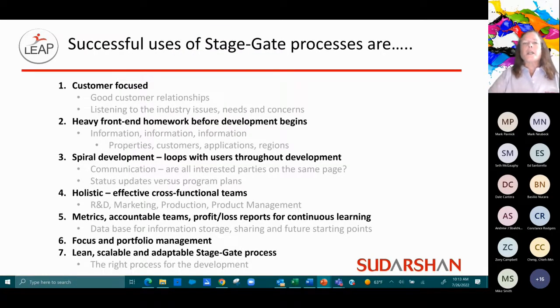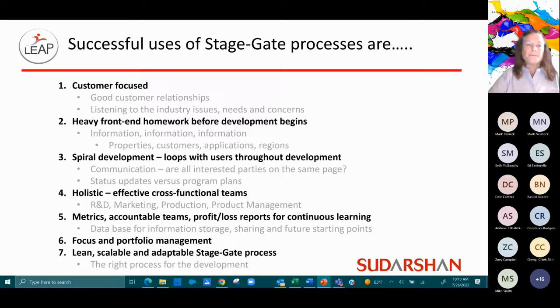Successful uses of stage gate are when they are completely customer focused. This is where the customer relationships that we've been building are very key. So as I mentioned, we listen to all of the information and feedback coming from our customers, as well as we also try to hear what's not being said, so that we dial in all of those needs.